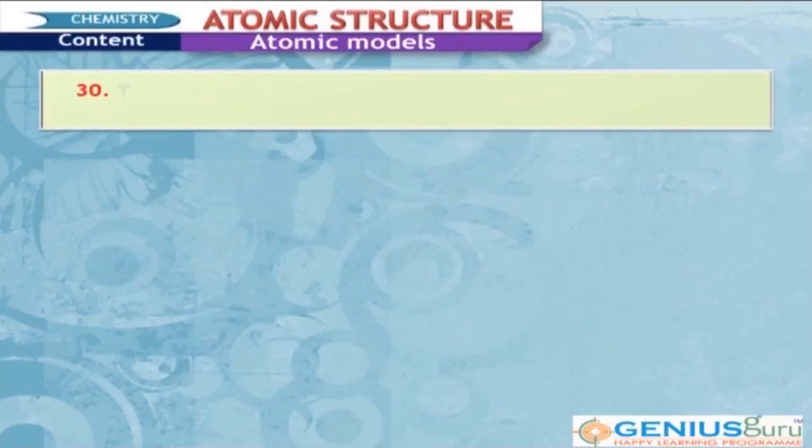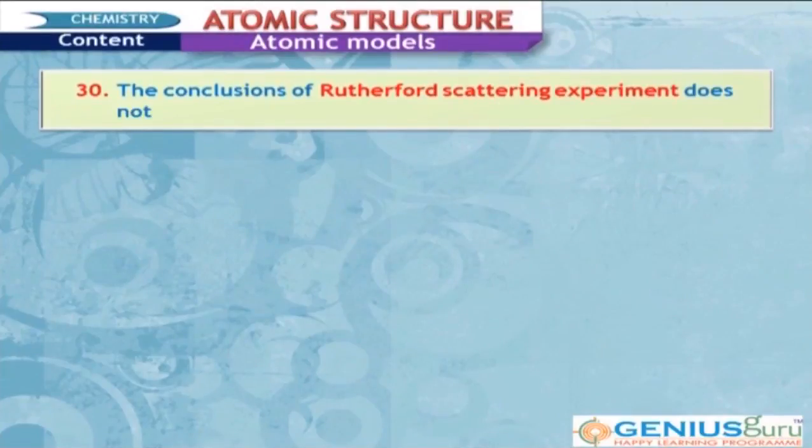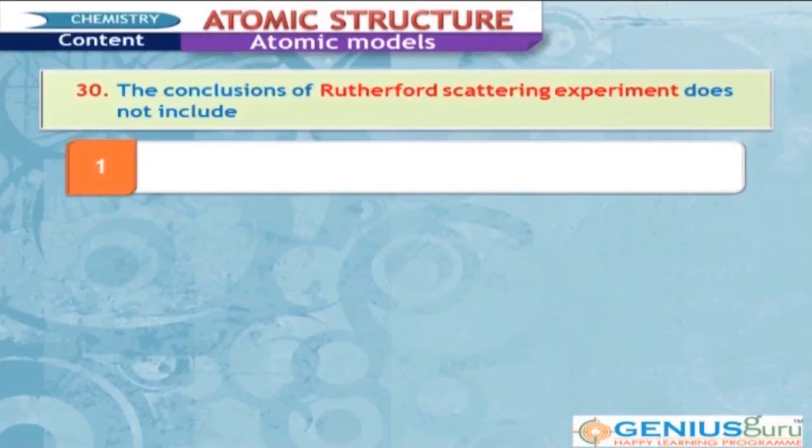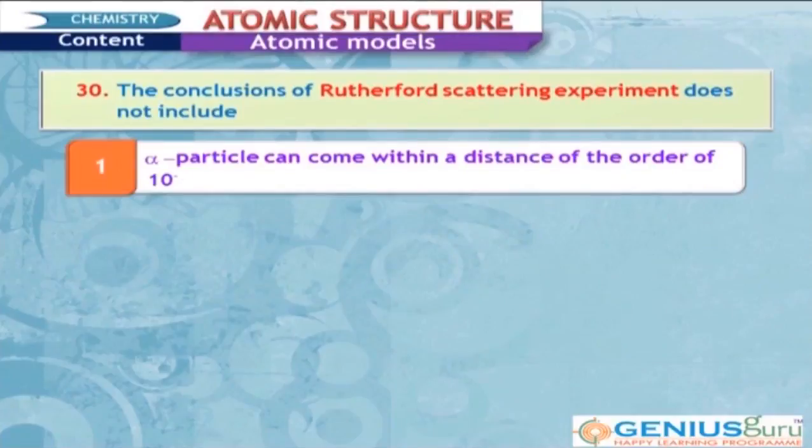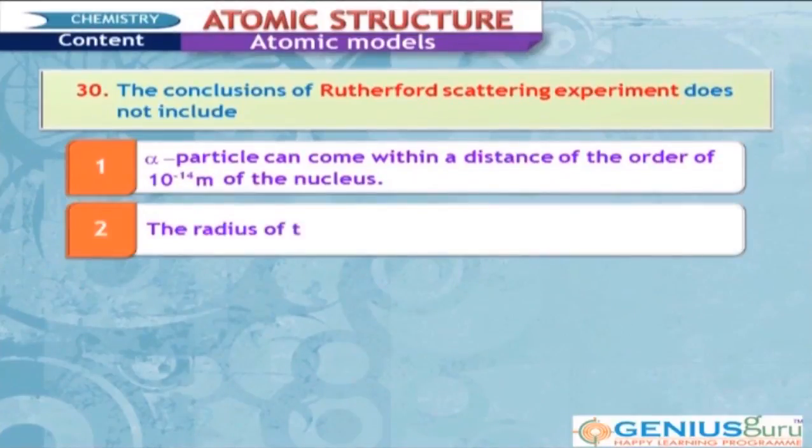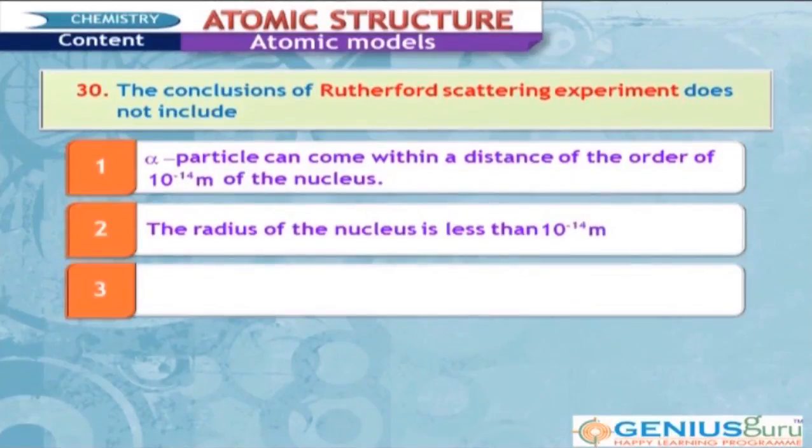Next question is, the conclusion of Rutherford scattering experiment does not include. Here are the options. The first one is, alpha particle can come within a distance of the order of 10 power minus 14 of the nucleus. Second one, the radius of the nucleus is less than 10 power minus 14 meters. Third one, scattering follows Coulomb's law.